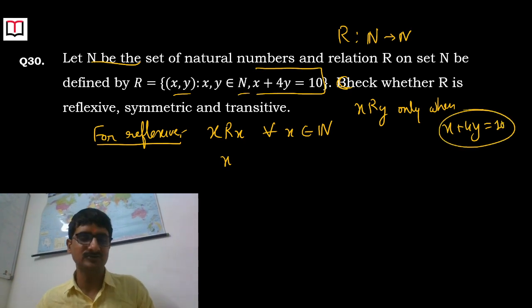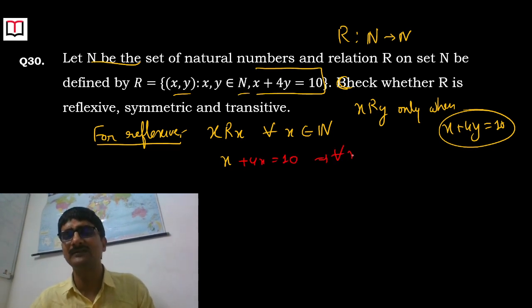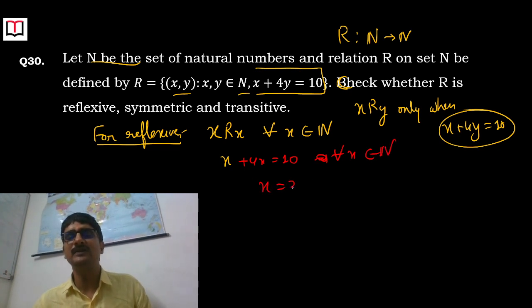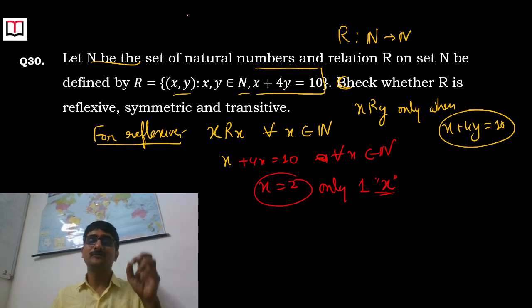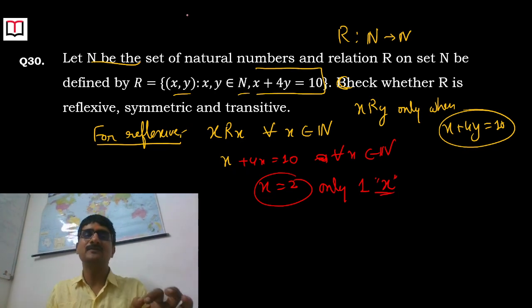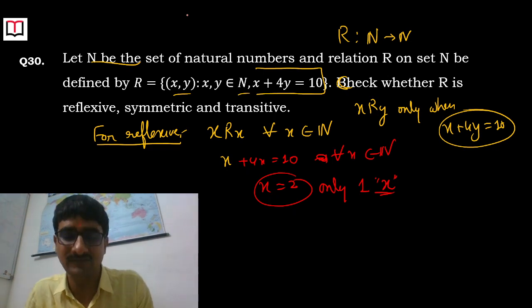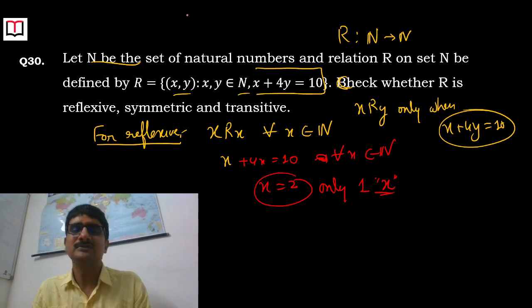Is it always possible for every x? So x plus 4x is equal to 10, is it possible for all x belonging to natural numbers? Of course not, because there's only one such x. That means out of all infinite natural numbers, only one has a self image, x comma x. So it's not reflexive.